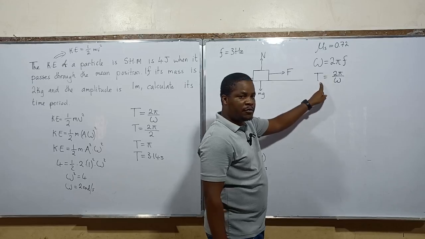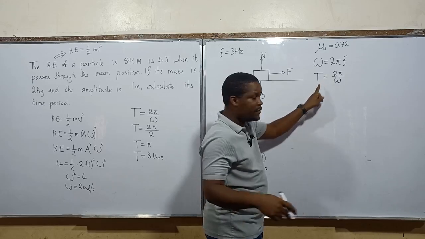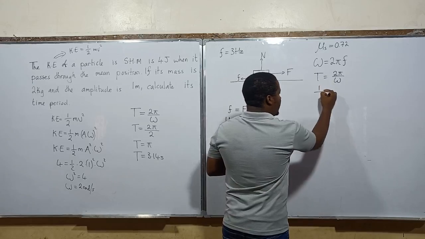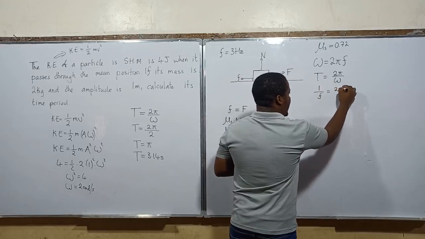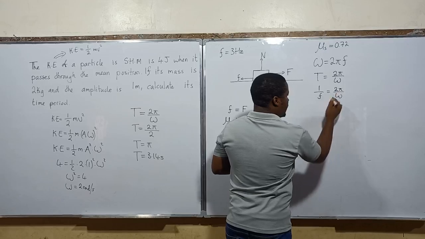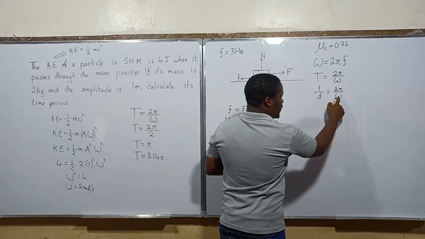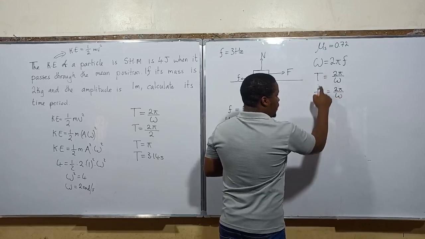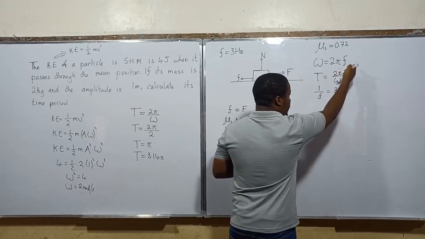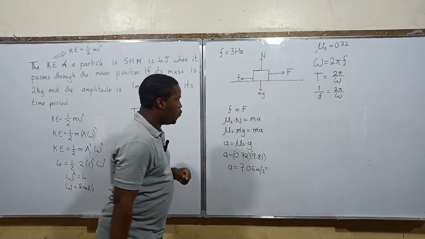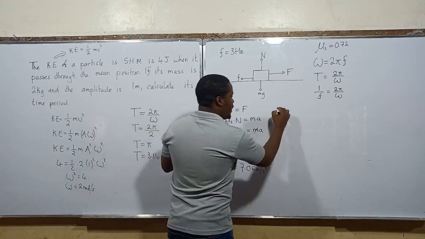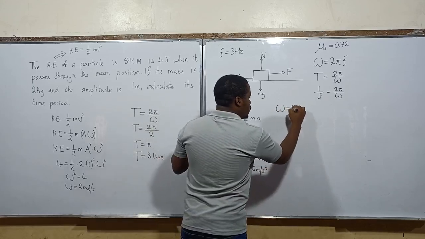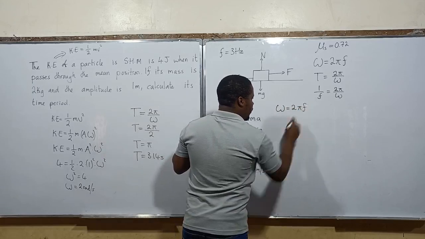Period is the same as 1 over frequency, so where there's period, we can put 1 over frequency. If we cross multiply, omega times 1 is omega, and frequency times 2 pi is 2 pi frequency. So omega is equal to 2 pi frequency.